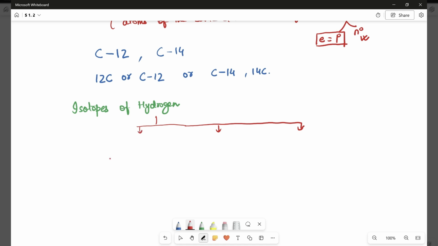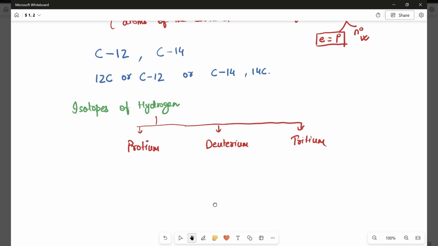First is protium, second is deuterium, and the third is tritium, right? If you want to draw the structure, it's very easy.